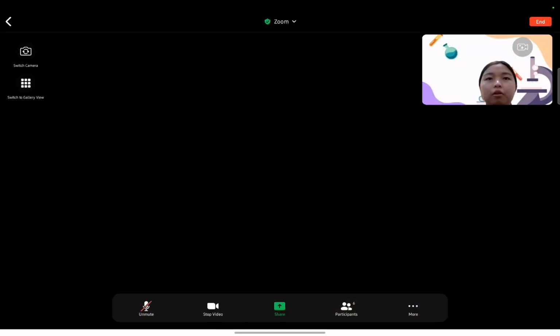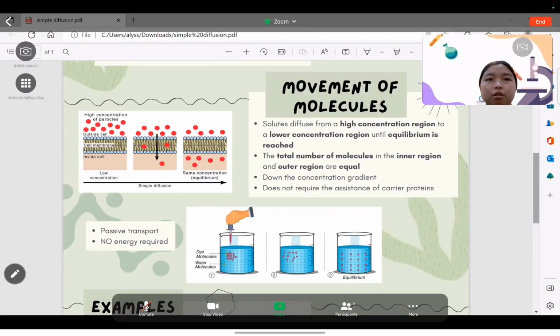And as we know, the movement of the molecules is down the concentration gradient, and they do not need the assistance of the carrier proteins. And most importantly, the movement of the molecules through simple diffusion does not require any energy and they undergo passive transport. And from the second picture, it shows that the dye molecules undergo simple diffusion because the dye molecules are distributed evenly in the water and the equilibrium is achieved.